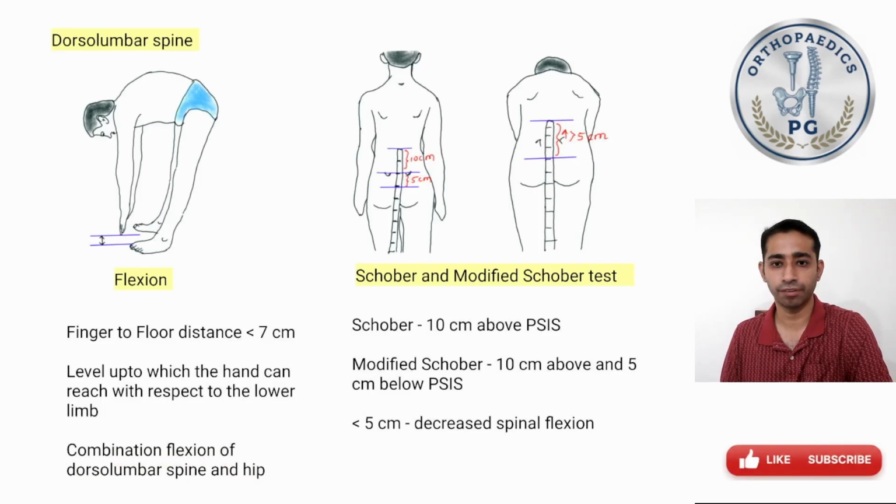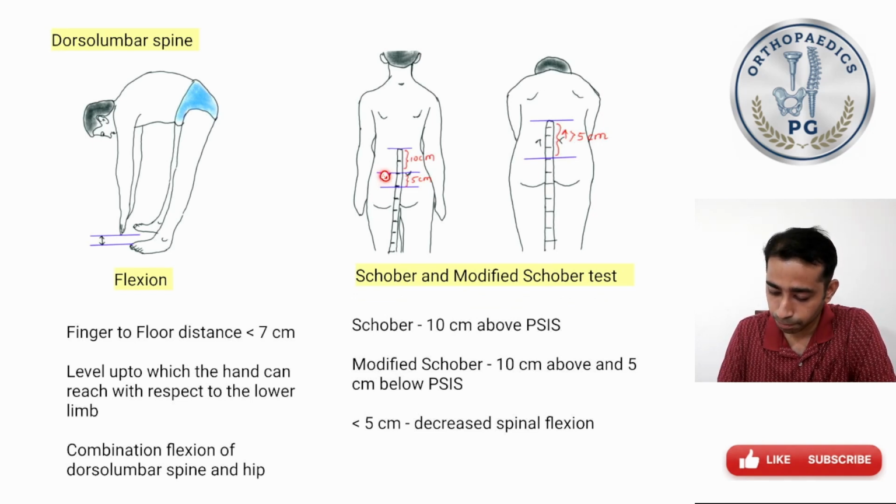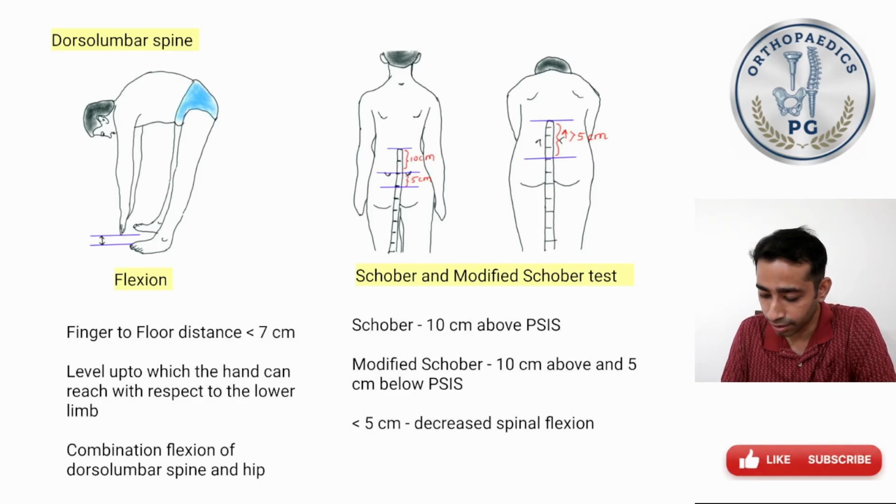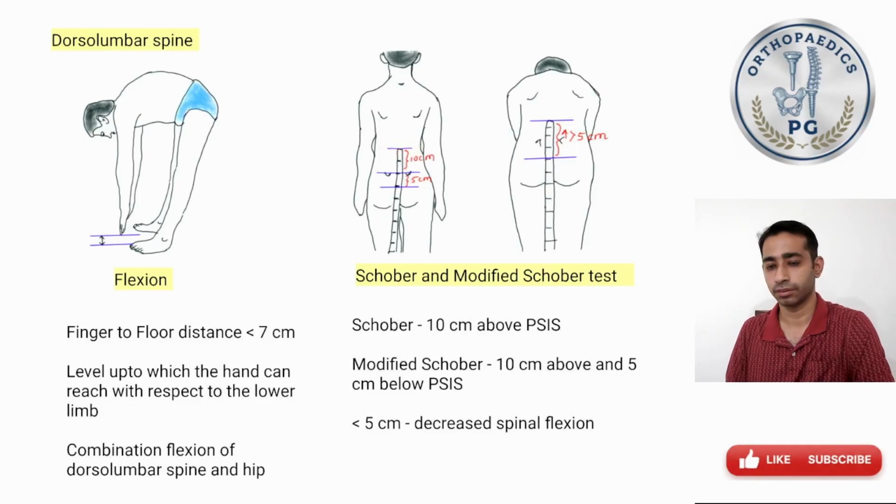Other method of checking flexion are the Schober and modified Schober test. This is again very important. So for this, we mark the PSIS first and put a mark here. For Schober test, we put a mark 10 centimeter above this line and ask the patient to flex.